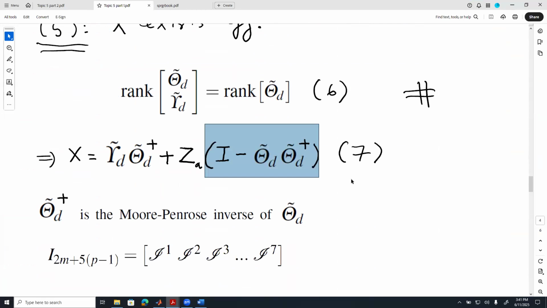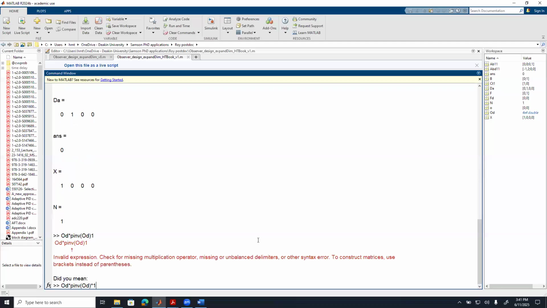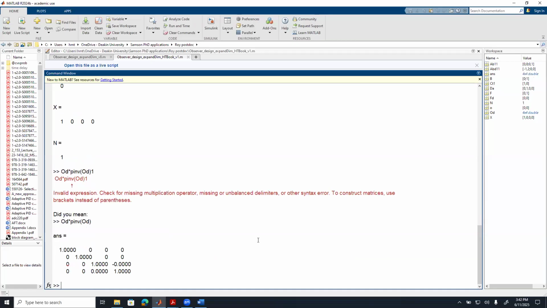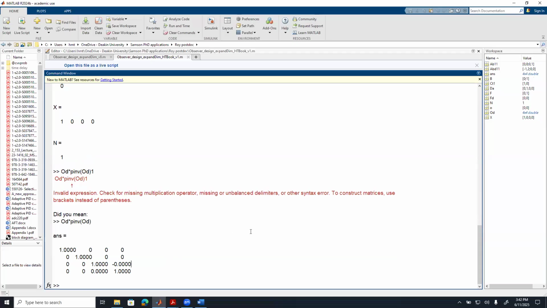It happened to be that for this example, that term there, which is OD multiplied by the Moore-Penrose inverse of OD, is actually an identity matrix, and what that means is we don't have any freedom left in here, so we only have this particular part of the solution. In that case, that's why we can't do anything about it.